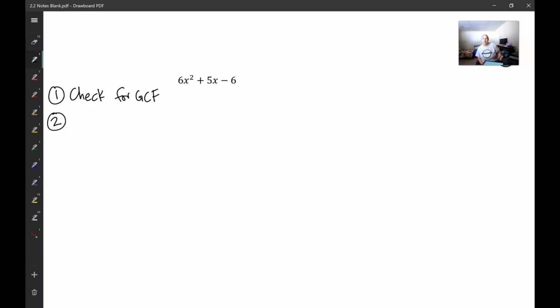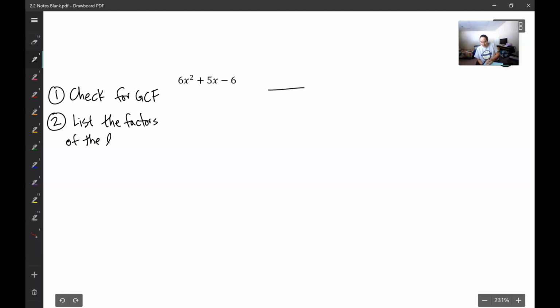Step 2 is kind of similar to step 2 last time, where we're going to list the factors of a number. But it's not just the constant term. This time we list the factors of the leading coefficient times the constant.